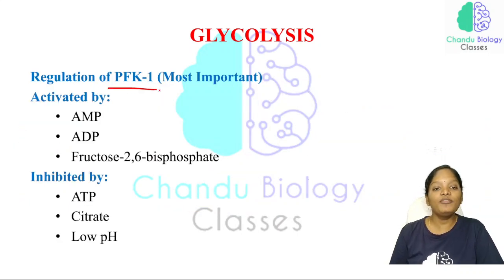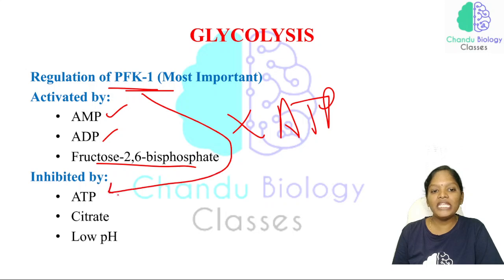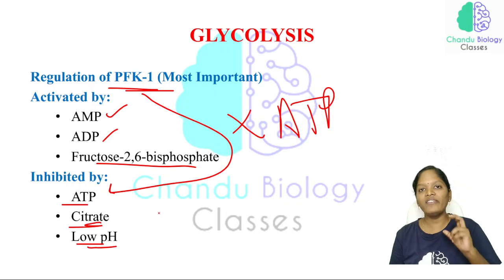Now regulation of PFK1, phosphofructokinase. It will be activated by AMP, adenosine monophosphate, adenosine diphosphate, fructose 2,6-bisphosphate, but not ATP. So this phosphofructokinase will be inhibited by ATP, citrate and at low pH value. Very, very important.